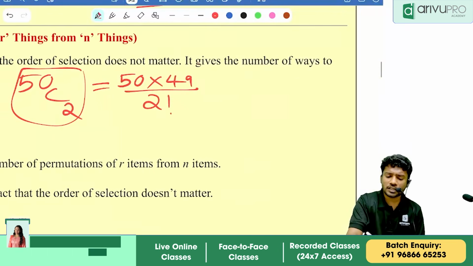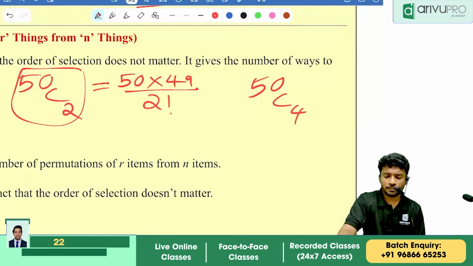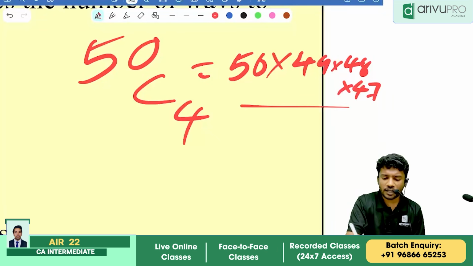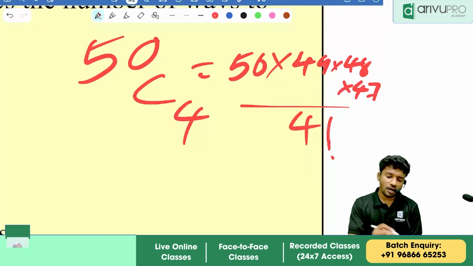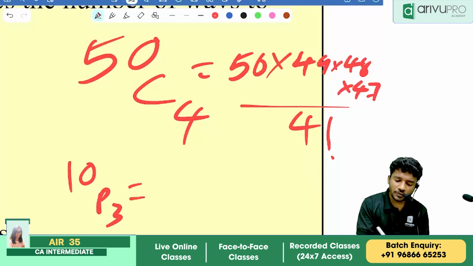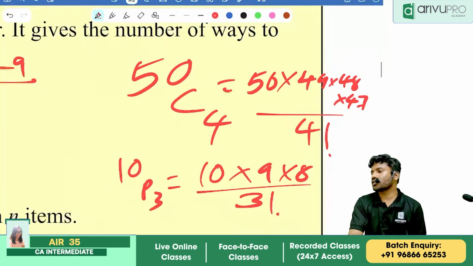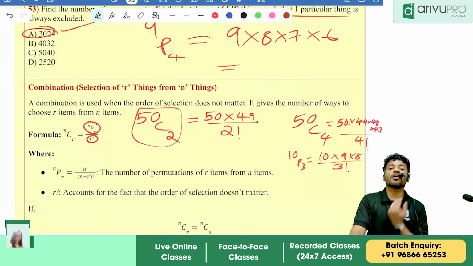Then people, what is 50C4? 50 into 49 into 48 into 47 divided by 4 factorial. What is 10P3? 10 into 9 into 8. And 10C3 is that divided by 3 factorial. That is the way of writing combination.